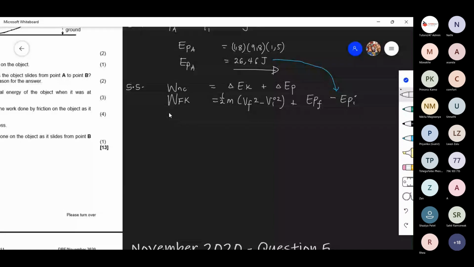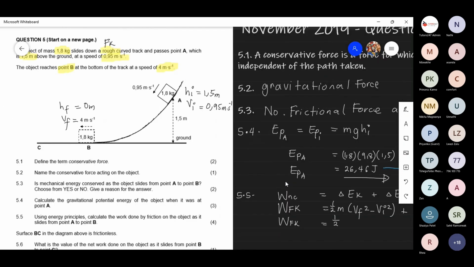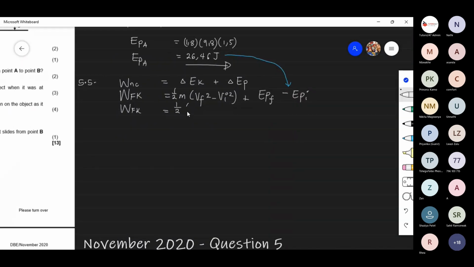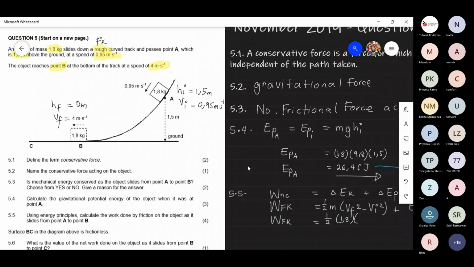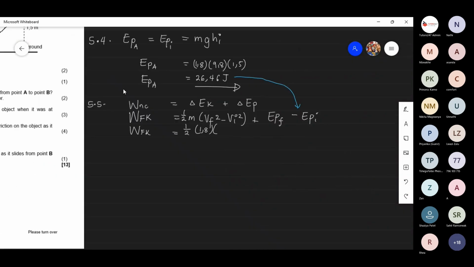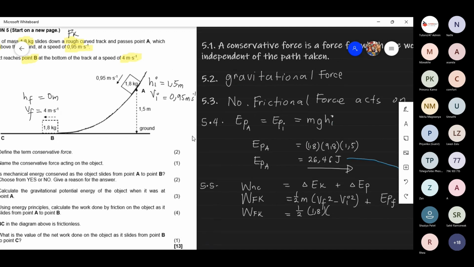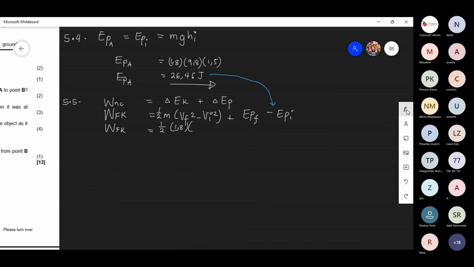So because we are calculating work done by kinetic friction, I'm going to bring that down, then substitute my mass, which is 1.8. What's the final velocity? Our final velocity is 4 meters per second. Our initial velocity is 0.95. So this is going to be 4 squared minus 0.95 squared, plus.